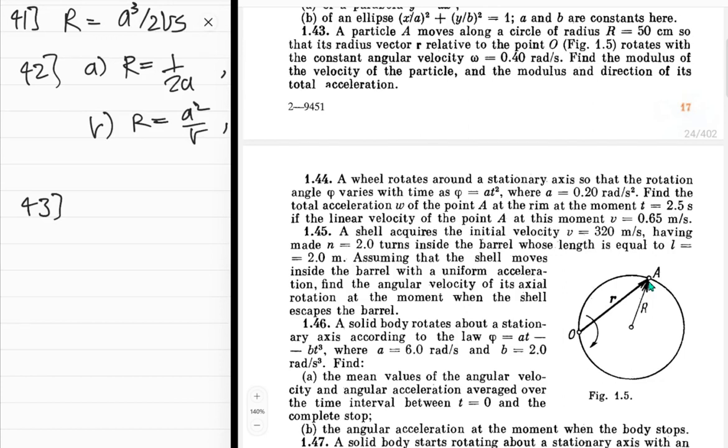Oh, circle of radius R, so that's radius vector r related to the point O rotates with. Oh, this is very nice, huh? Find the modulus of the velocity of particle and the modulus of the direction of its acceleration, I guess, as functions of the angle and everything.